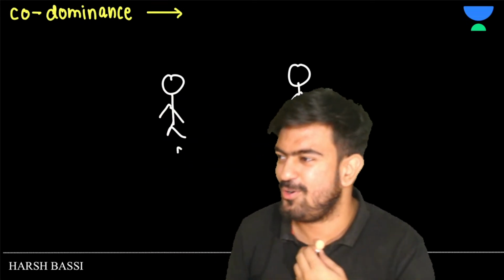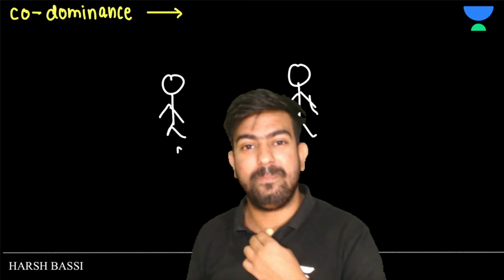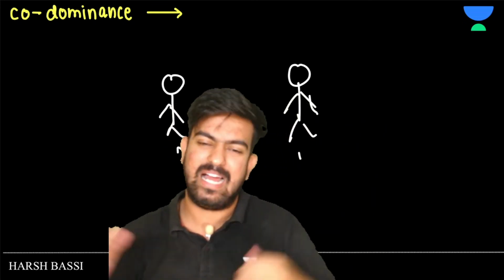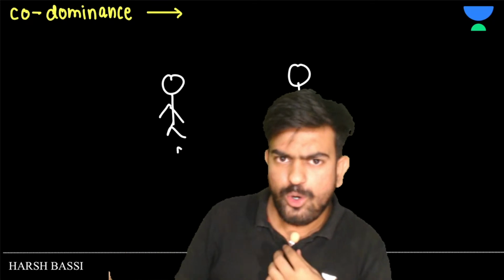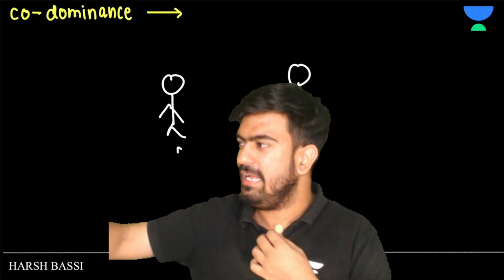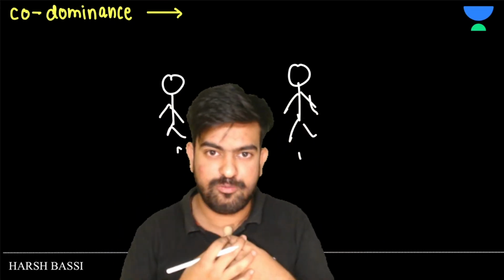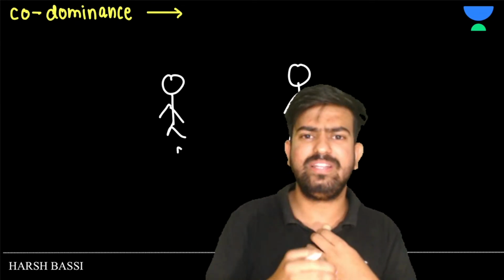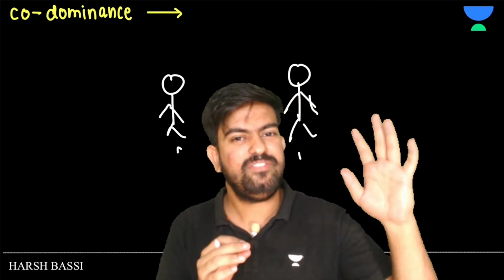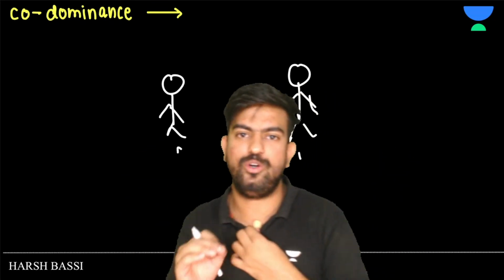I don't know about you all, but we were like, bro, when we grow up, we will make a company, half the percentage you take and 50% I'll take. So what have we done? Codominance, right? I have given 50% stake to my imaginary friend and I have taken 50% of mine. So here also, the alleles are like, okay, you take 50%, I will take 50%. Clear? So this is the codominance case.